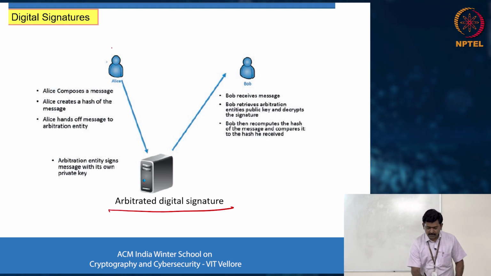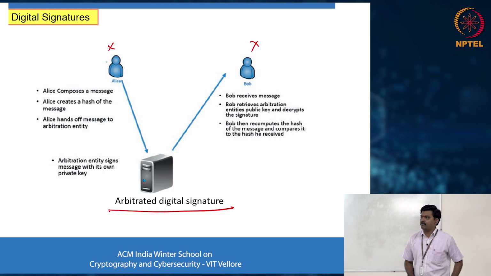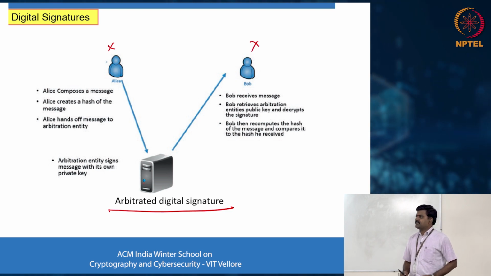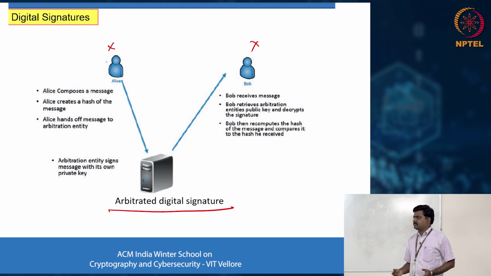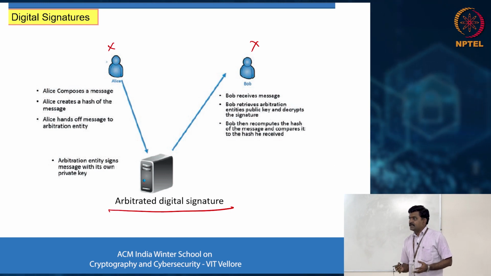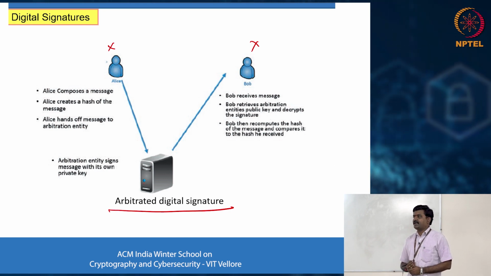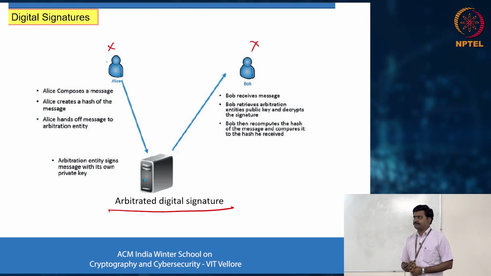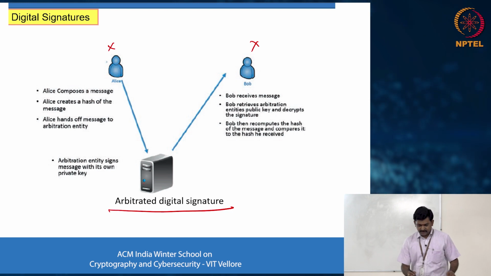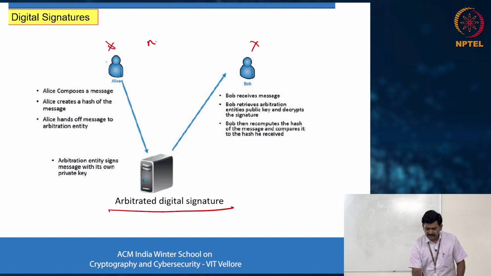There are two people in the transaction, Alice and Bob. Alice says, look, I want to send a message to Bob, and Alice is not signing. Alice is taking it to an arbiter, a third party, because these two people are non-trustable. They don't trust each other.